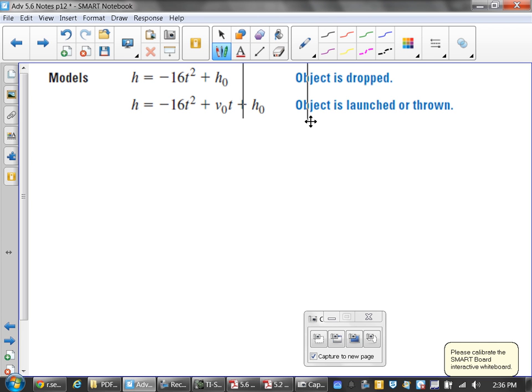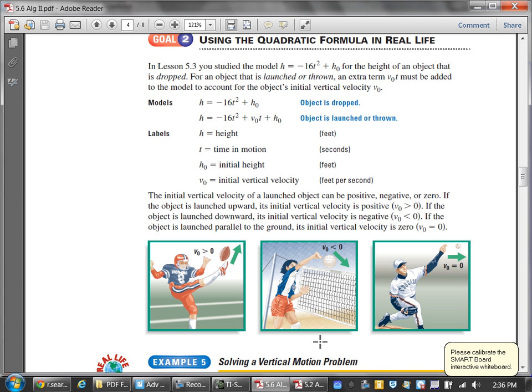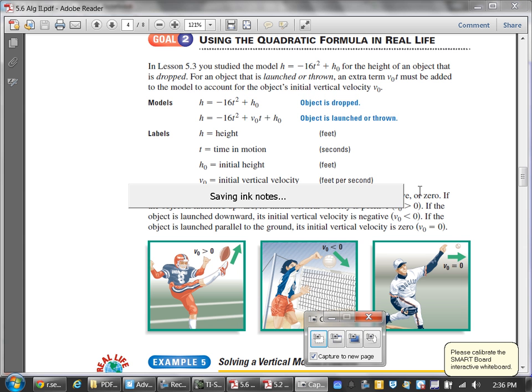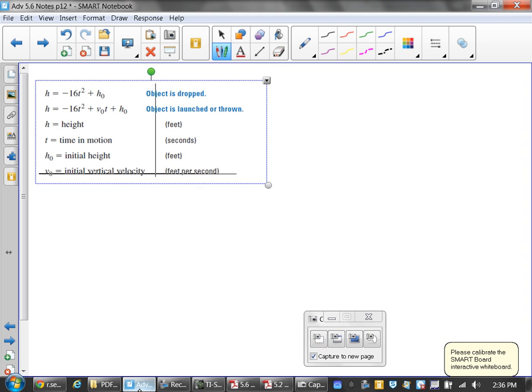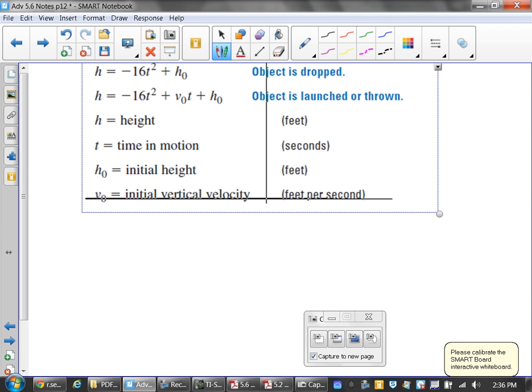For example, what these things are standing for, let me pull this all up here. It's right in your book. What these things are standing for are initial velocity and initial height.